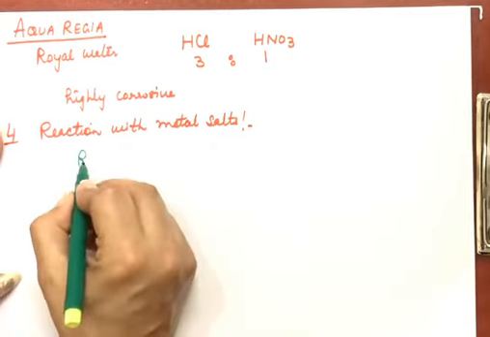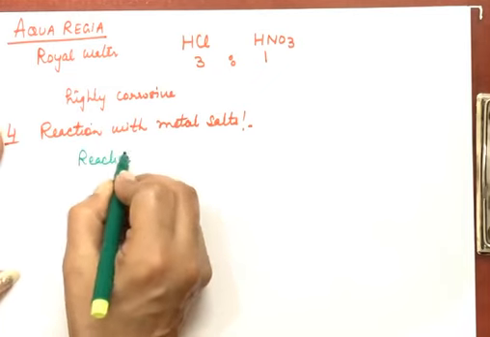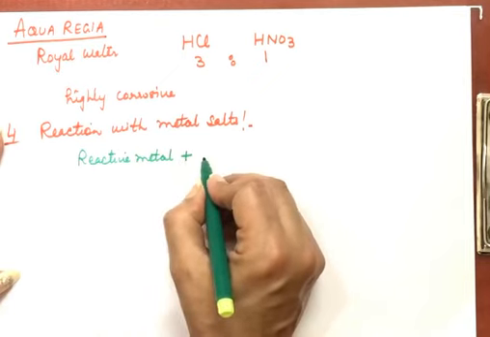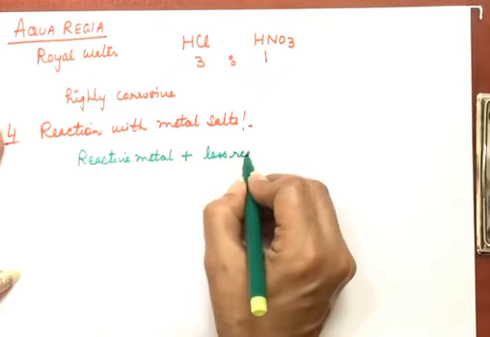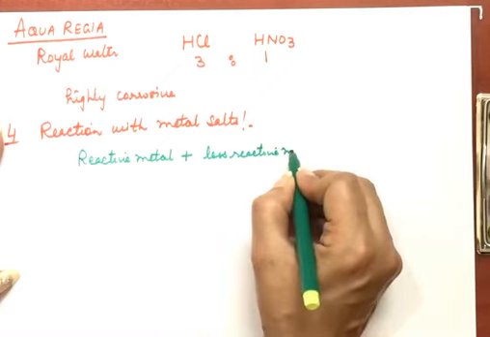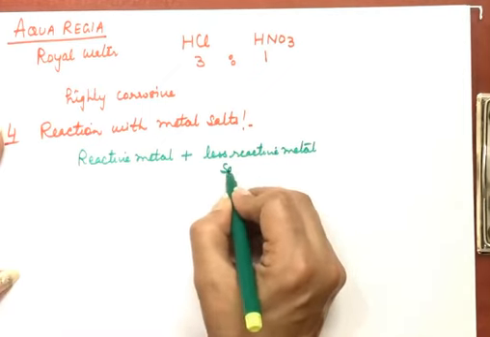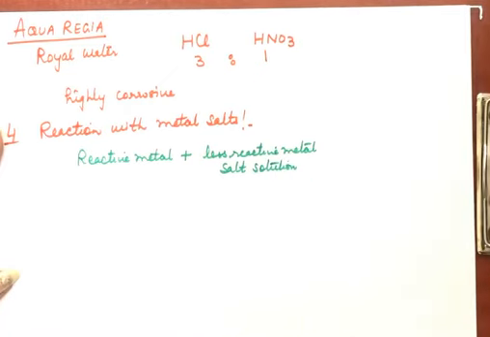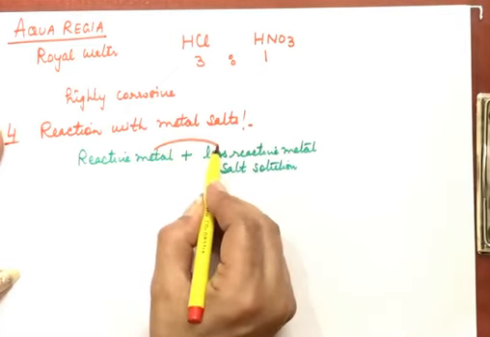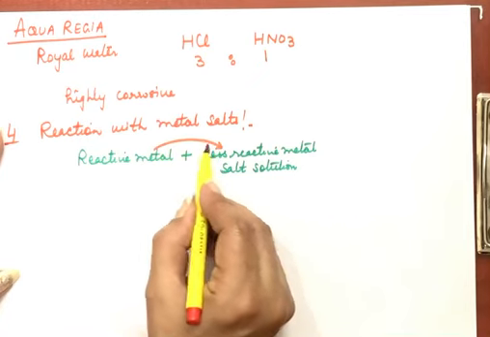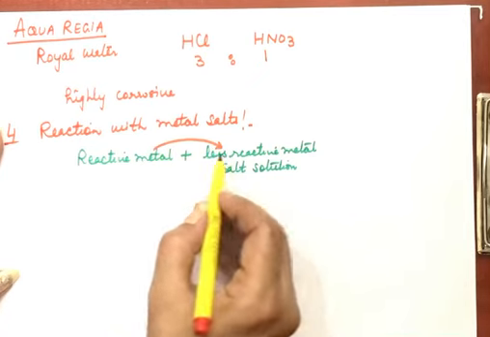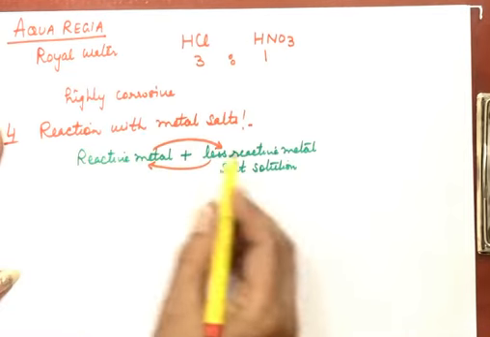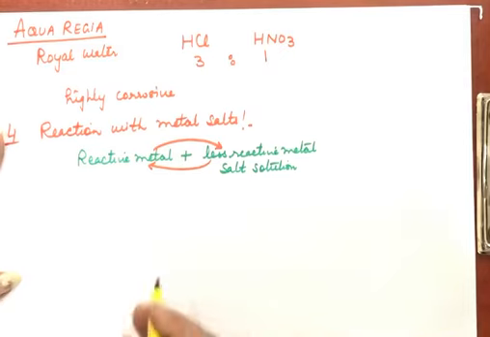So if we take a reactive metal and put it into a salt solution of a less reactive metal, what will happen? The reactive metal will displace the less reactive metal from the salt solution and take its place, and the less reactive metal will take the place of the reactive metal. So this reaction is actually a displacement reaction that we have already done.